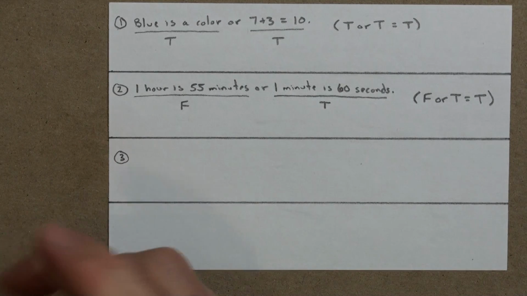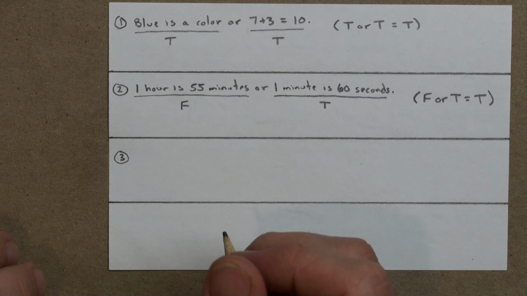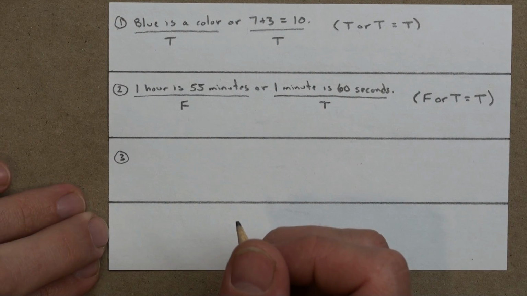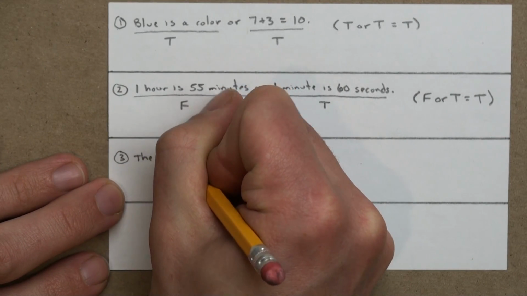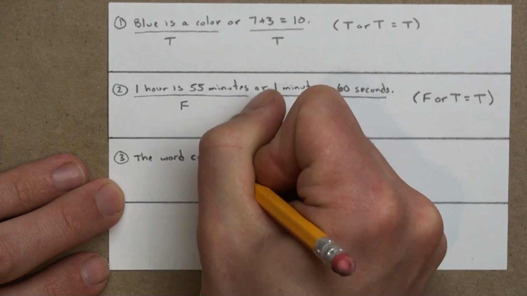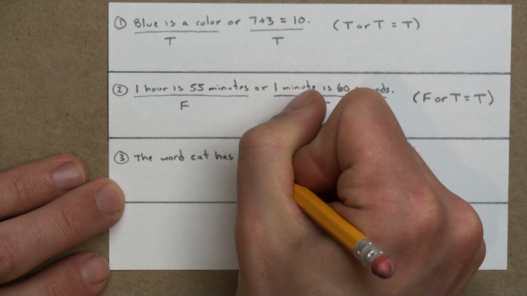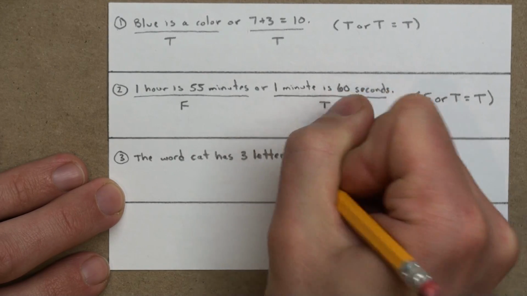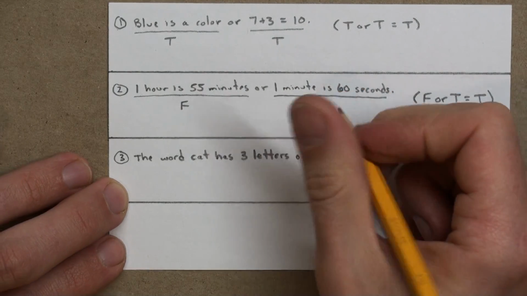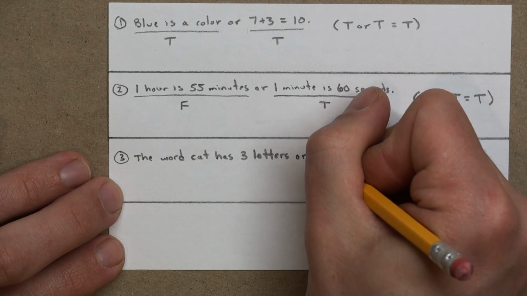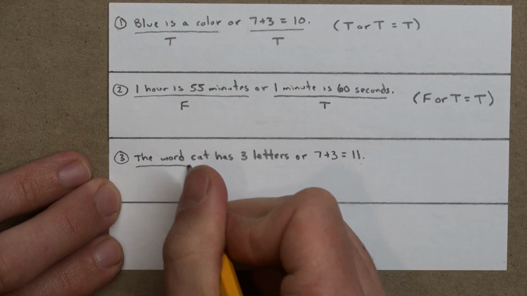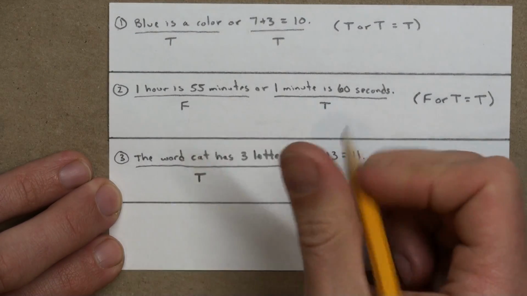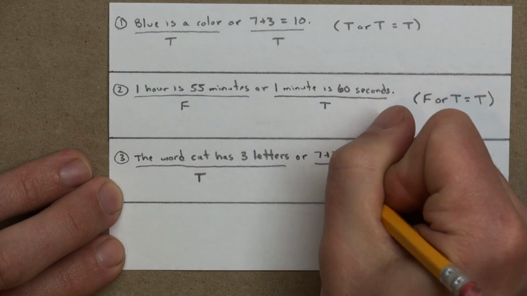So for the third example, let's say the word cat has 3 letters, or 7 plus 3 equals 11. So the word cat has 3 letters is true. 7 plus 3 equals 11 is false.